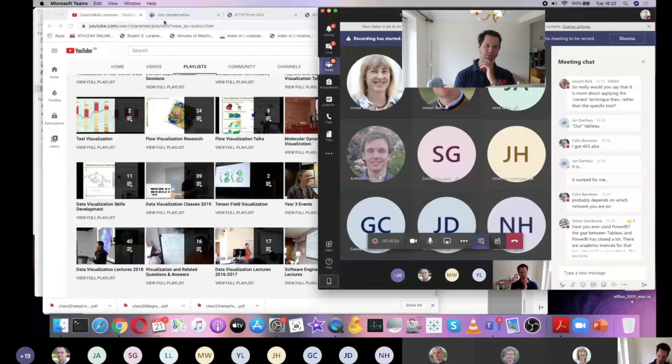IBM used to have this open, free visualization tool called Many Eyes. It was extremely popular, and then the developers left IBM, and then the tool died when the developers left. And Power BI seems to be a response to that. That's my impression. But certainly, I've had students use it.